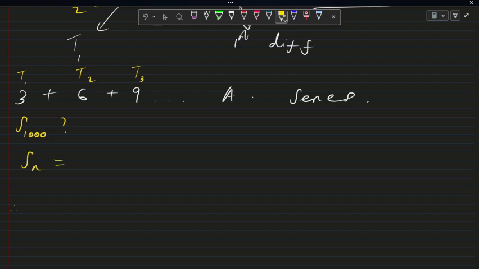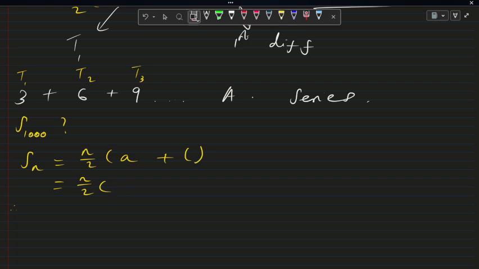We have our equation. So it's n over 2 times the first term plus the last term. Now the question becomes, do we know the value of T1000 in this particular series? The answer is no, we do not know it. So because we do not know the value of the last term, we have to use this version of the equation.